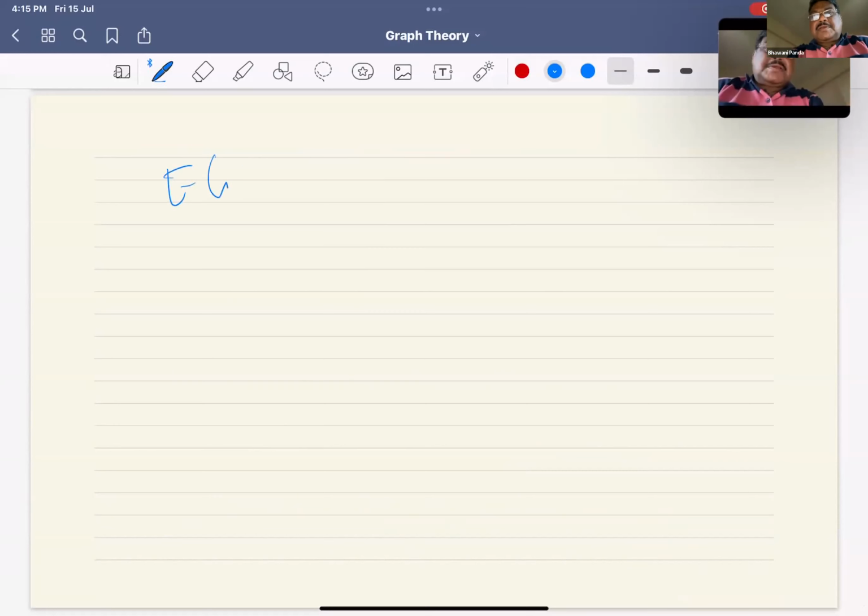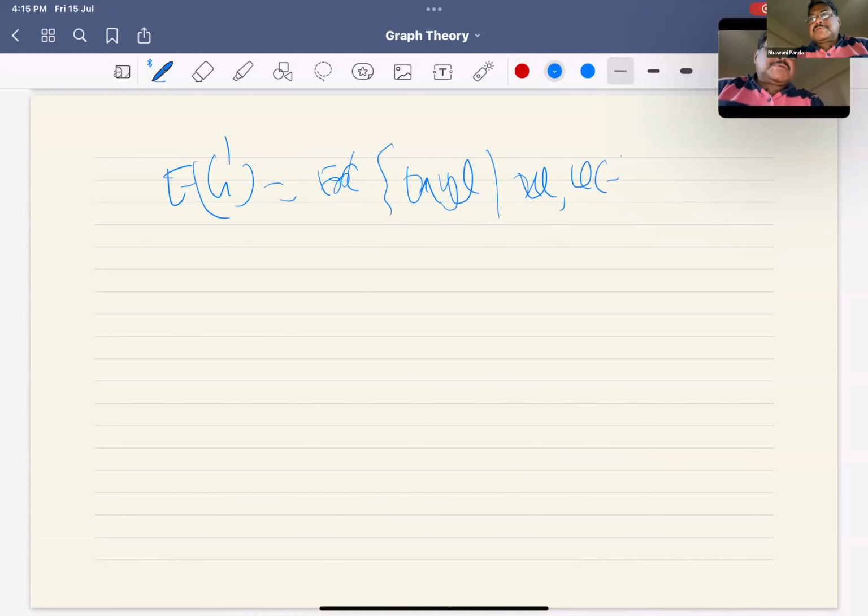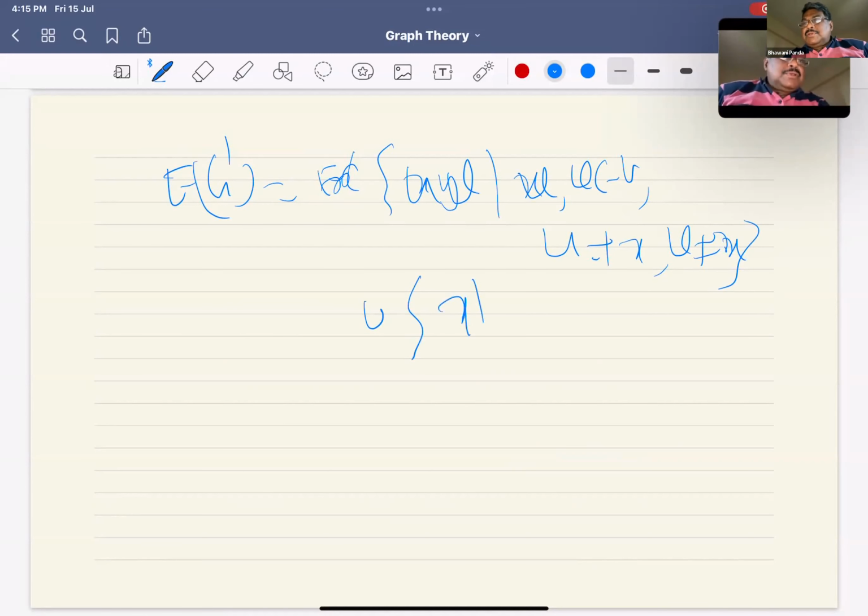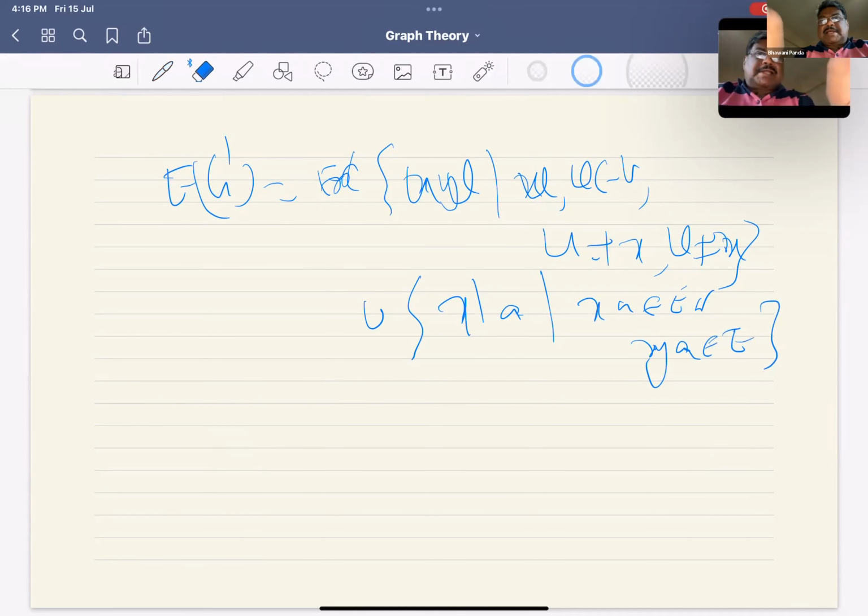And the edge set of G dash is equal to the set of all UV such that UV belongs to E, U not equal to X, V not equal to X, union the set of X dash A such that XA belongs to E or YA belongs to E.